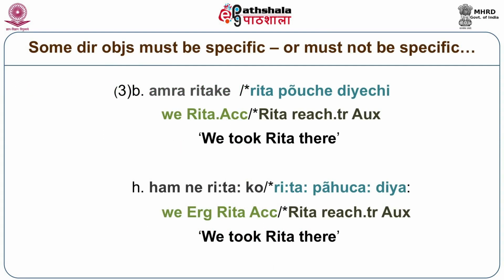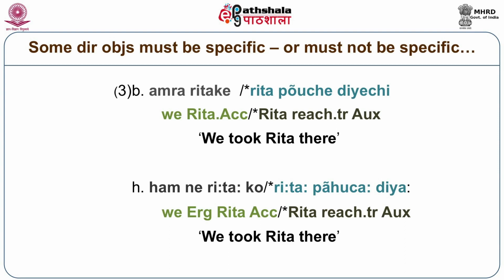When you go to sentence 3, in Hindi you say हमने रीता को पहुंचा दिया, we took Rita there. You cannot say हमने Rita पहुंचा दी, where Rita would not have a case marker. Likewise in Bangla, you get Amra Rita ke পৌঁছে দিয়েছি for the same meaning.